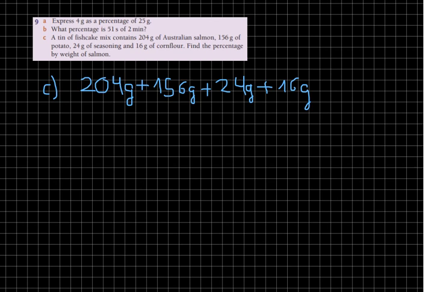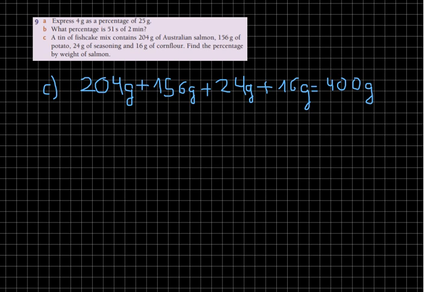Alright, how much is that going to be? Let's see, 204 plus 156 plus 24 plus 16 is 400 grams. That's the total amount of grams here.